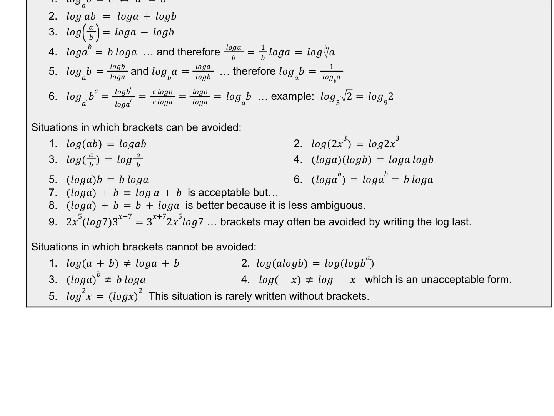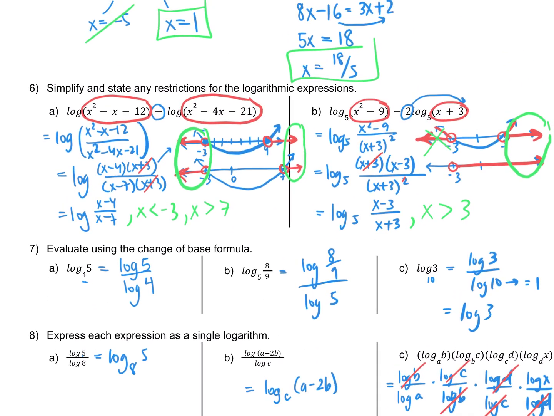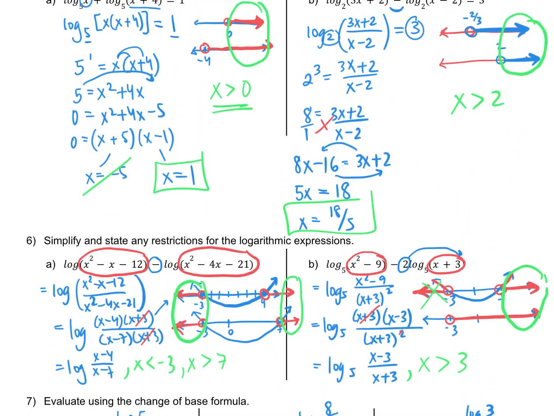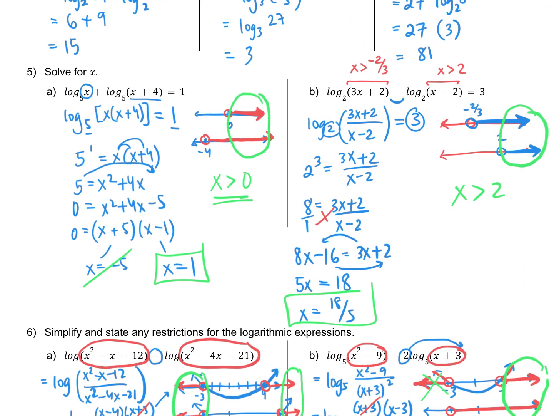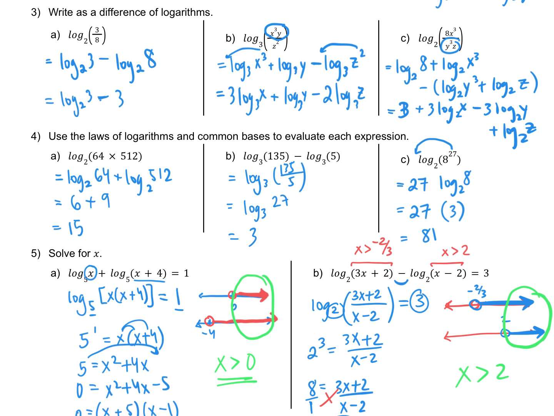And that's it for our laws of logarithms. Again, we saw places where we were able to use our logarithmic laws to solve equations like a number 5, or to manipulate logarithms so that we can evaluate them better.